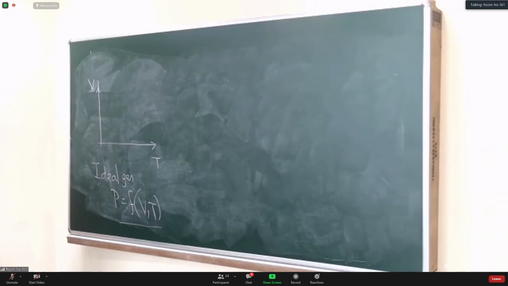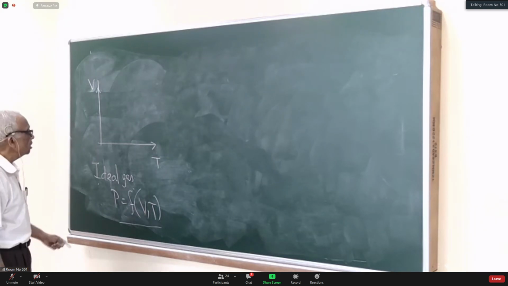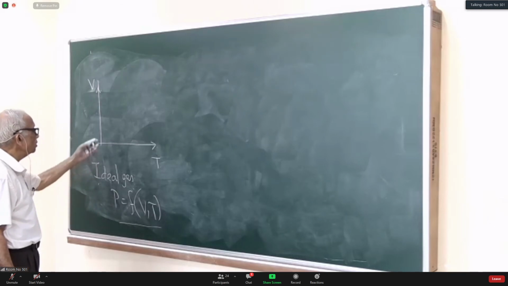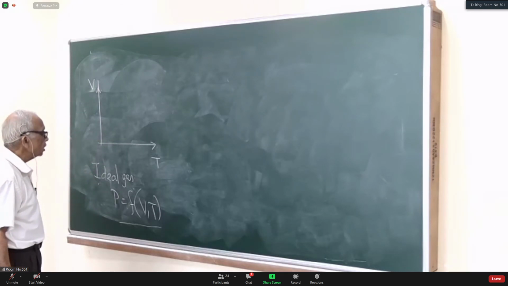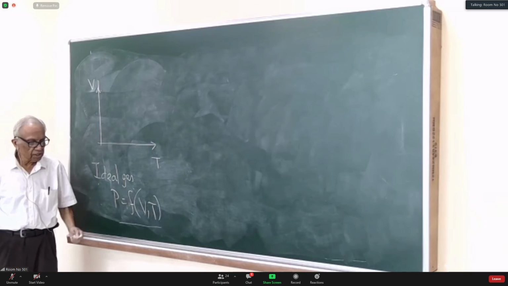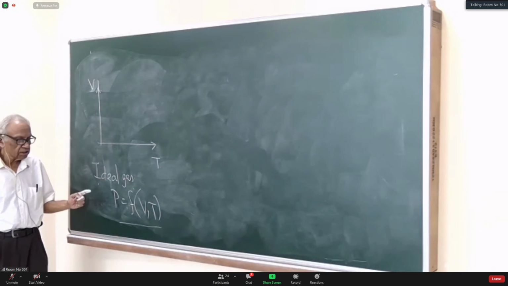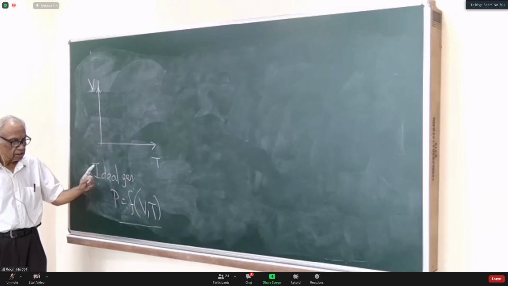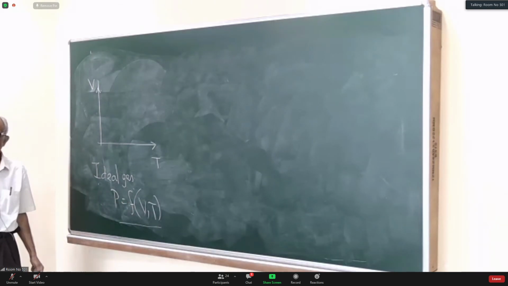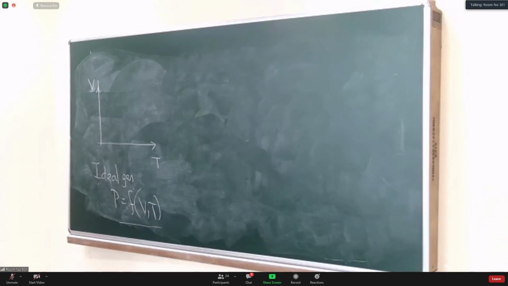At a given pressure, what does this V and T look like? P equal to f of V and T, essentially, if you provide the volume and temperature of the gas, you are actually specifying its state completely.